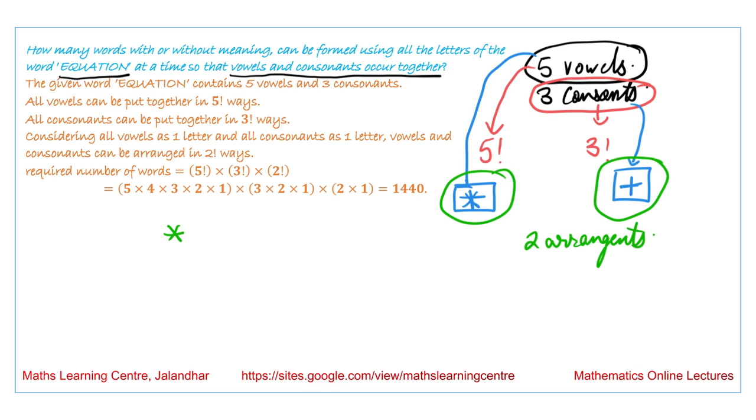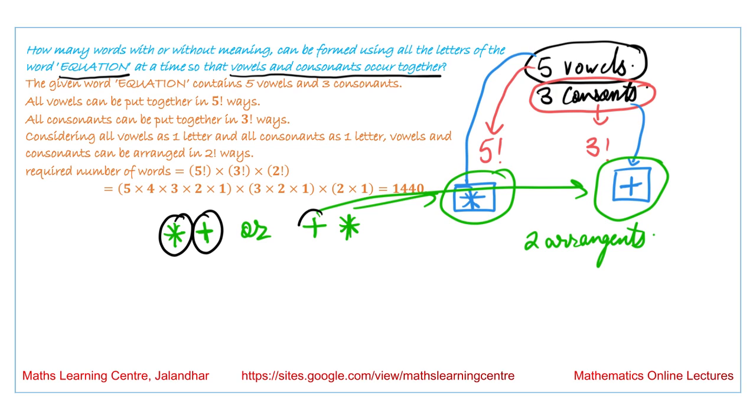Either vowels can be placed first and then the consonants, or the consonants are placed first and then the vowels. These represent all the 5 vowels and all the 3 consonants. So there are 2 ways of doing this.